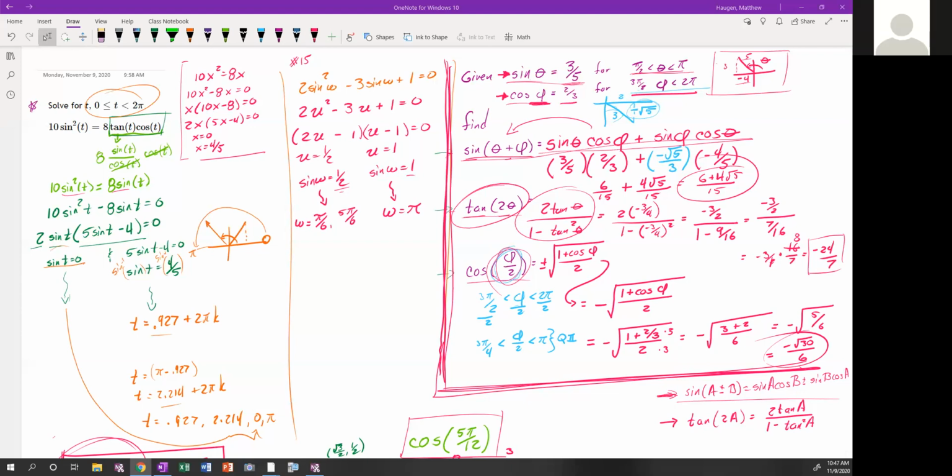Could you do another factoring one? Sure. Do you have a particular one that you want to look at? So yeah, I have some. It was from 7.3.